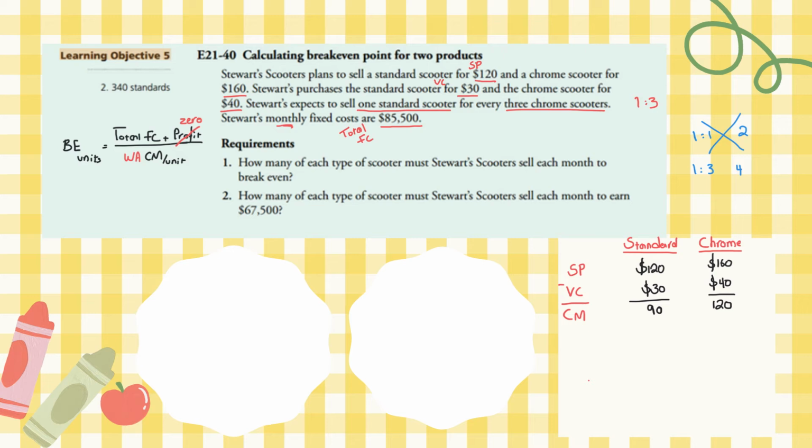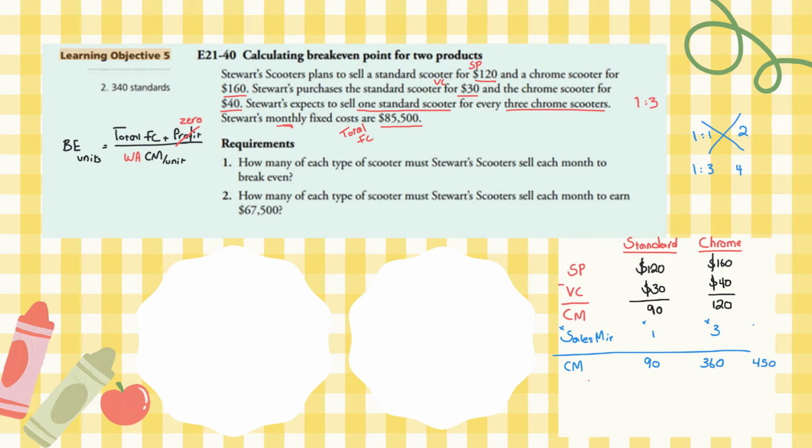4. First I need to multiply by the sales mix to find the contribution margin taking this sales mix into consideration. So here it's 1 and here it's 3. 90 times 1 is 90, and 120 times 3 is 360. Now I need to add them up: 90 plus 360 is 450.